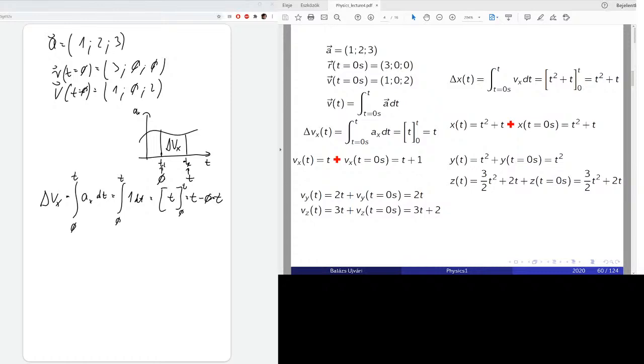What does it mean for the Vx of t? Vx of t equals Vx at 0 plus delta Vx for any t, which is 3 plus t. You see, the 3 comes from the initial condition, and the t comes from the integral of the ax.